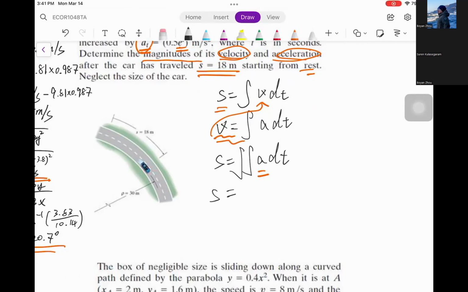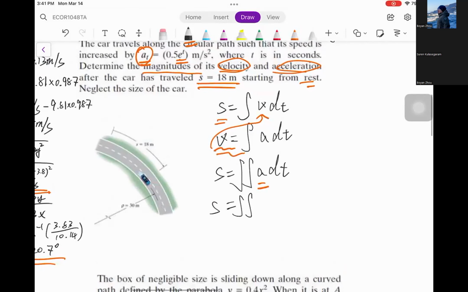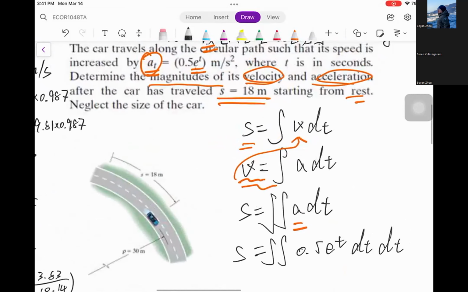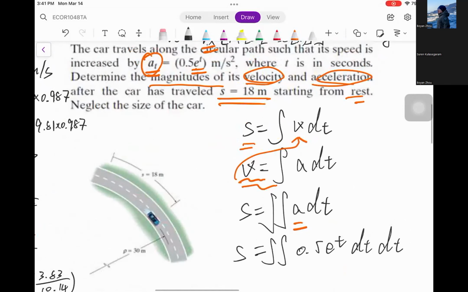So s is going to be equal to the double integral of 0.5 e to the power of t dt. And here we're going to fill out the boundary. The boundary is going to be from 0 second to t second, on both.